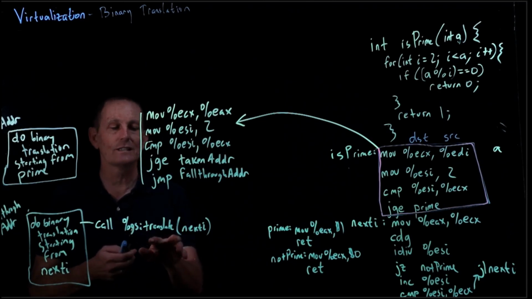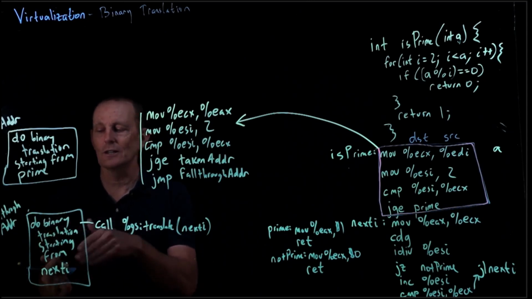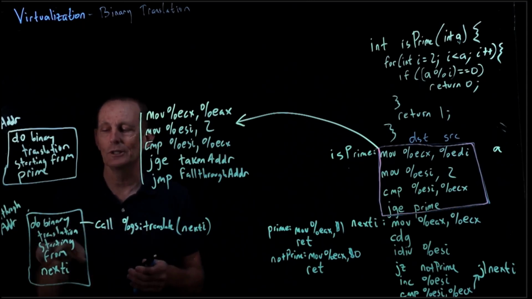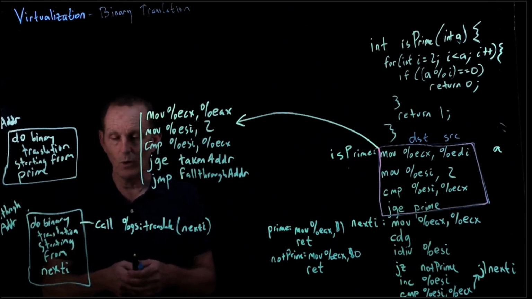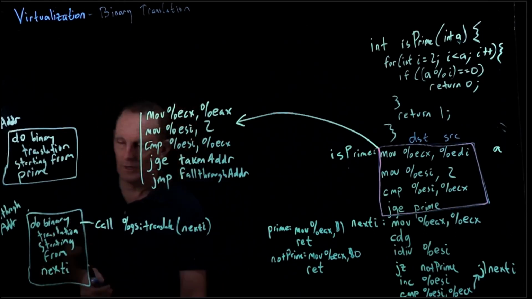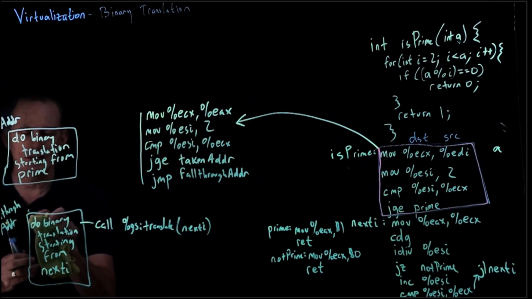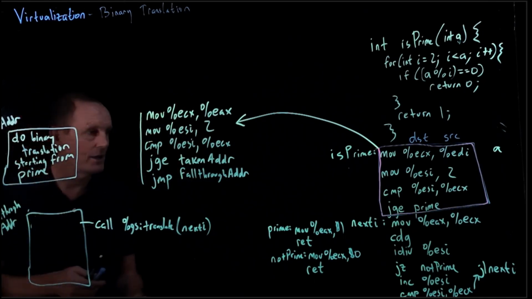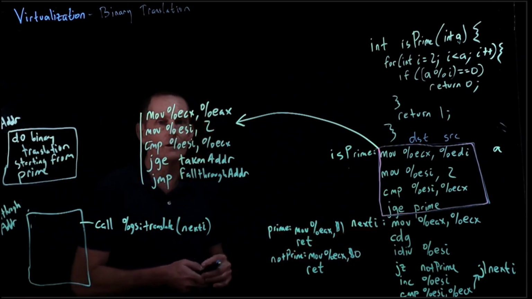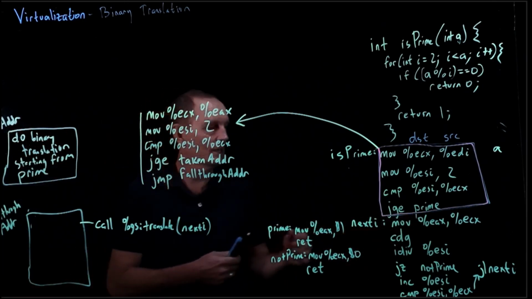So when we call into the translate of next I, it can then go ahead and save any registers it needs to do the translation, and it can translate back into here. So what will happen now, this code is going to go ahead and get replaced with the translation of the next block, starting at next I.